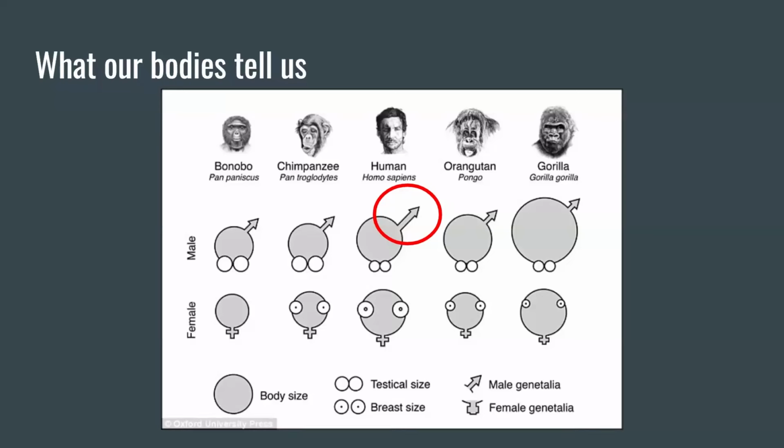And you also want to deposit your sperm as deeply as you can, thereby guaranteeing that you're the one whose genes get passed on to the next generation. So over time, the penis is going to get longer and longer.